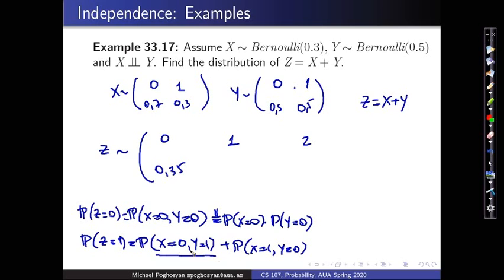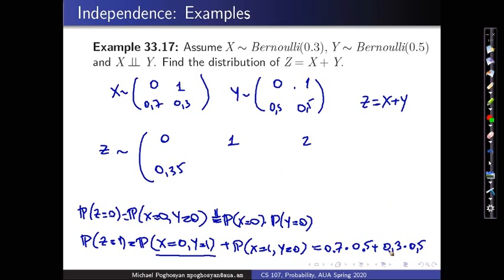Because of independence again, I can separate these two probabilities: the probability that X is 0, 0.7, times the probability that Y is 1, 0.5, plus the probability that X is 1, 0.3, times the probability that Y is 0, which is 0.5.